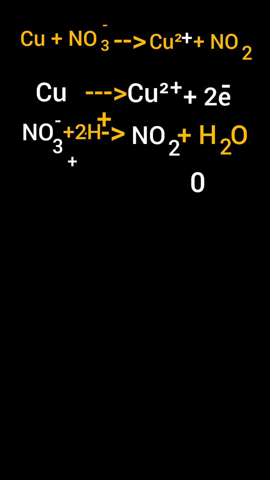To make it neutral, or to make it 0, we have to add one negative charge, and you know negative charge is present on electron. So by adding one electron the positive charge on the left hand side becomes 0. You see NO3 minus has 1 negative charge, 2H plus means 2 positive charges, and the charge on electron is minus.